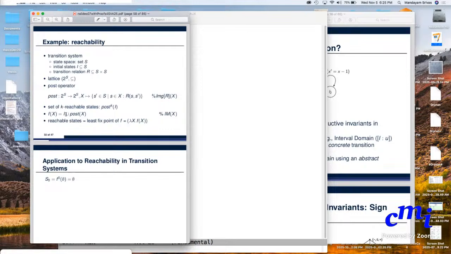Now to that I'm adding just the image of whatever I get with X. X is what I call the continuation, which I got as a result of accumulating over the previous I steps.